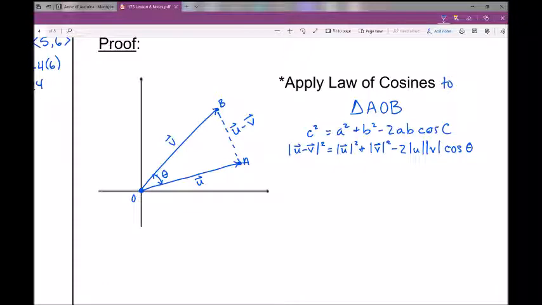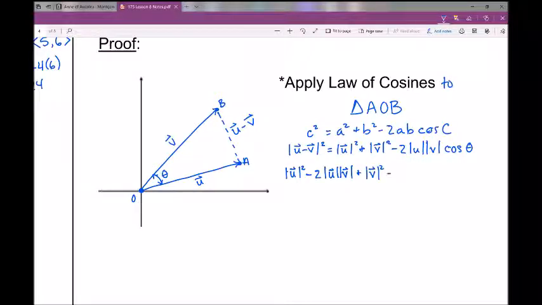If you think about squaring the magnitude of u minus v, what we would get is the magnitude of u squared minus 2 times the magnitude of u times the magnitude of v plus the magnitude of v squared.